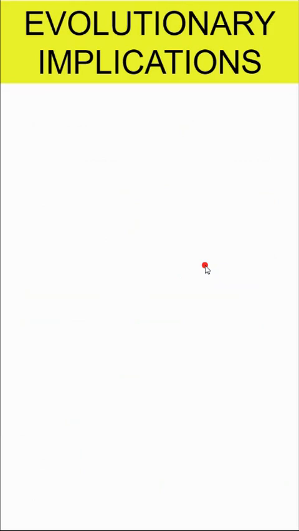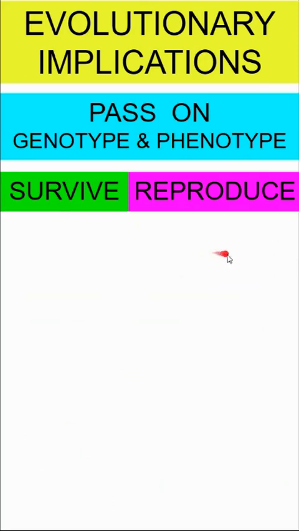So when we start thinking about reproduction, we're going to have to tie in these evolutionary implications to differences in having atypical phenotypes. So when we think about this, whatever is favored in the phenotype will get passed on through the genotype. But when we think about survival of the fittest, they have to survive, but they also have to reproduce.